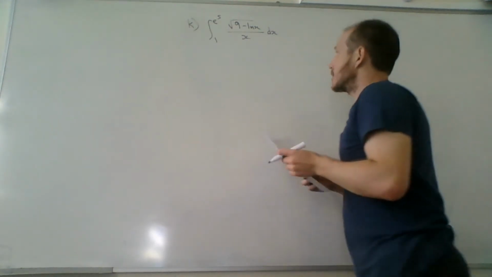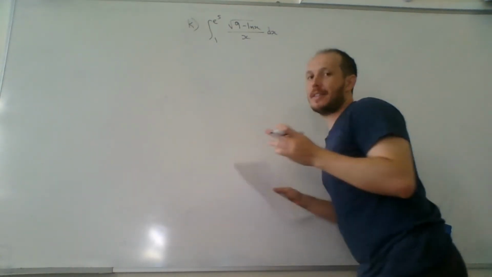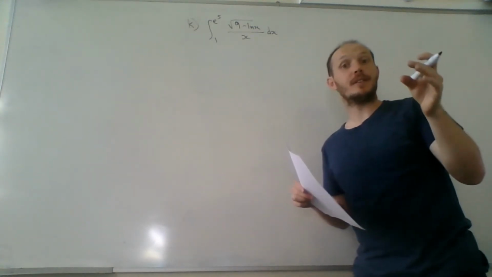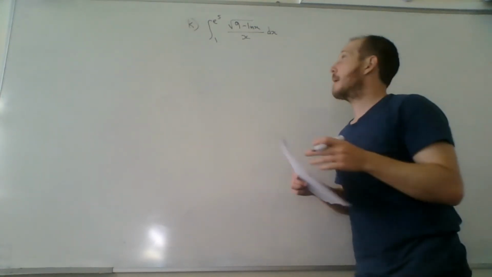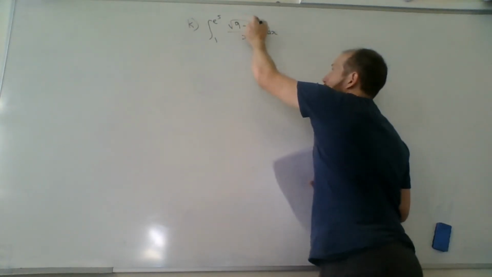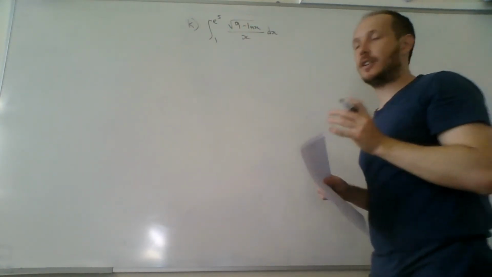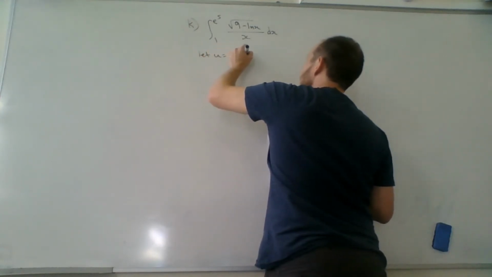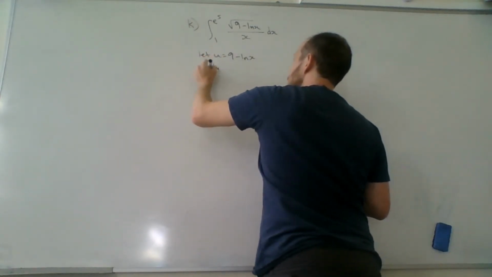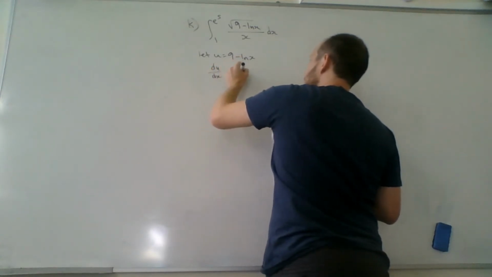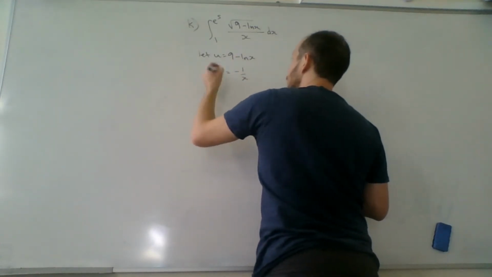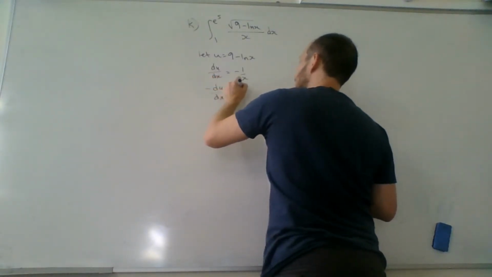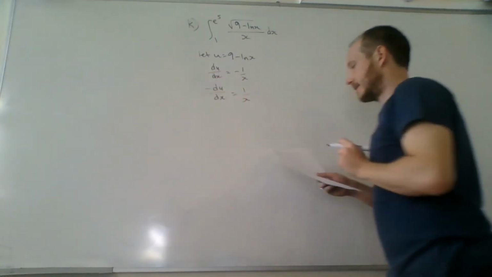So my derivative in this case, you might think, should be 1 over ln x, because the derivative of that is 1 over x. However, we need to take the whole thing here, so we can't have any constants. So I'm going to say let u equal 9 minus ln x. So du dx equals minus 1 over x. So minus du dx equals 1 over x.